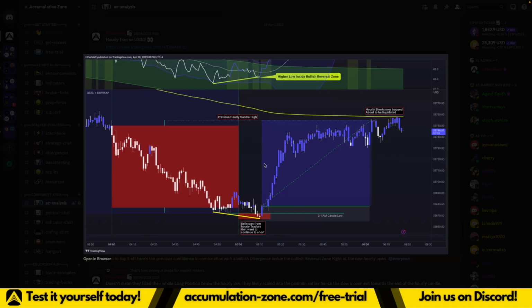Maybe sometimes there might be a wick that stops you out at break even, but even then that's not a big deal, because at least you use proper risk management, and that's the only thing that we can actually control, especially when trading a reversal strategy that's going against the general trend.